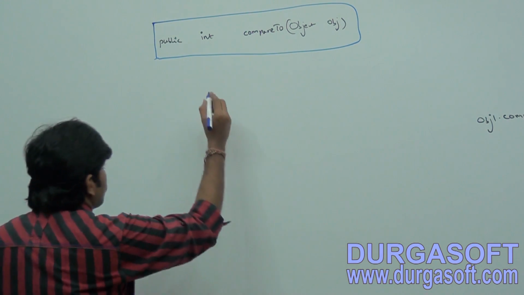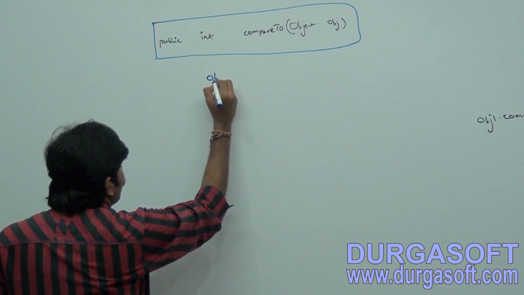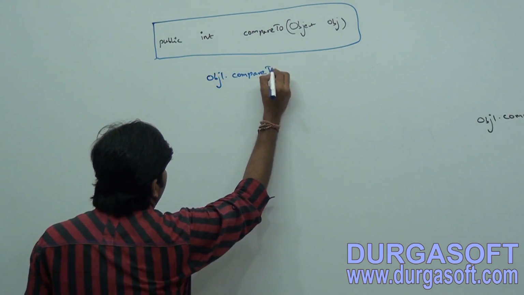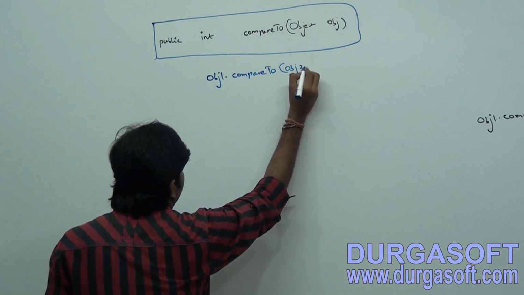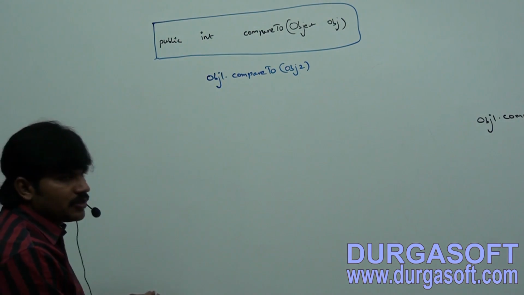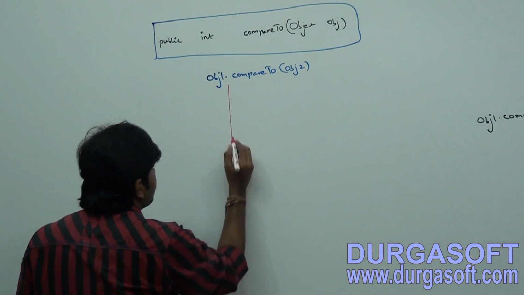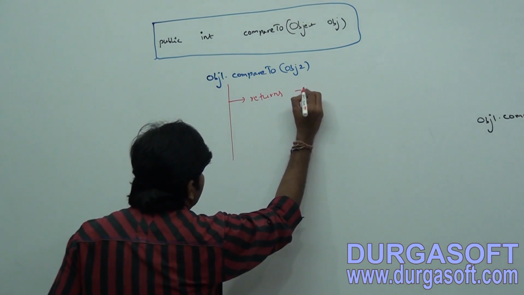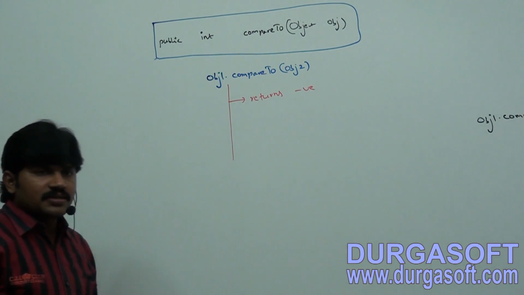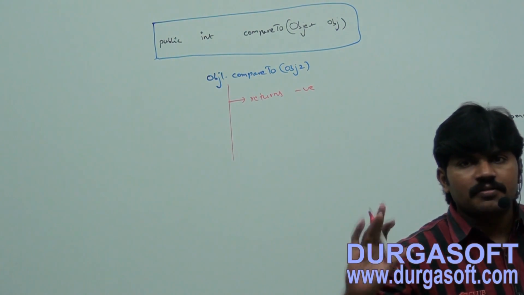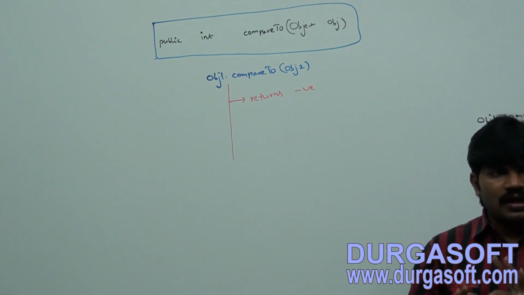Now observe this. I want to call obj1.compareTo(obj2). Here, take special care. It returns negative; how much negative, maybe -1, -100, -1000, -10,000, all are equal.